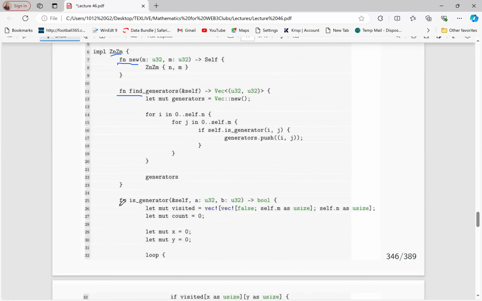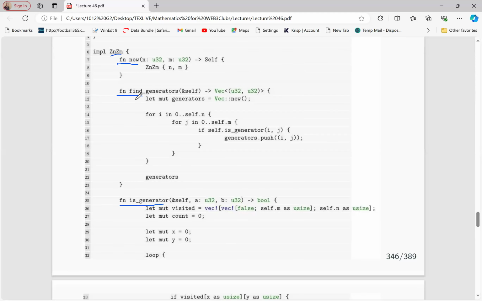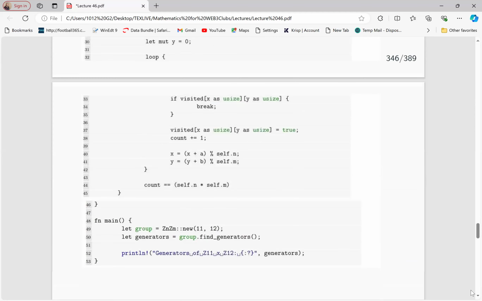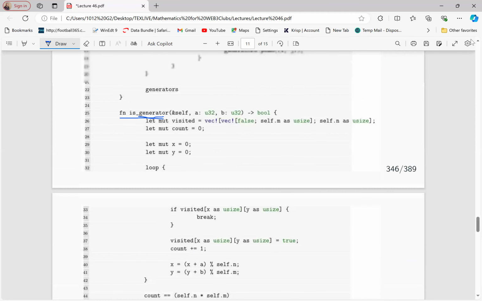Then I have this function, is a generator. This one is to find generators, and this one checks whether something is a generator. Of course, I'll tell you what it will be doing and how. And after that, we have the main function. So you have those three functions.